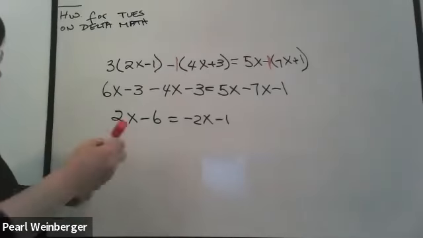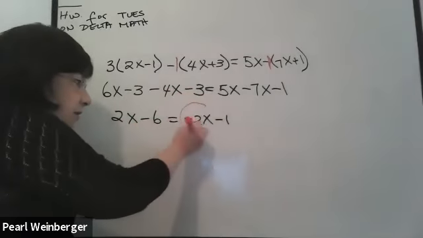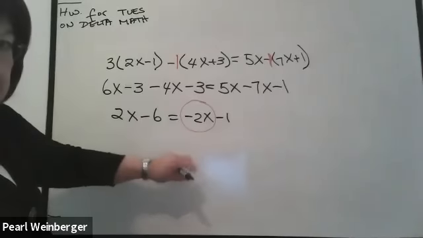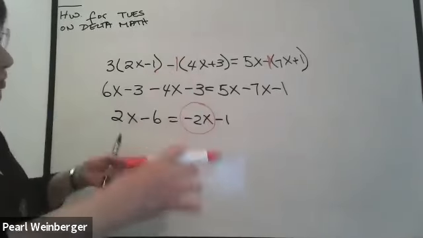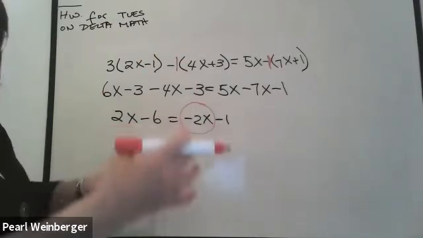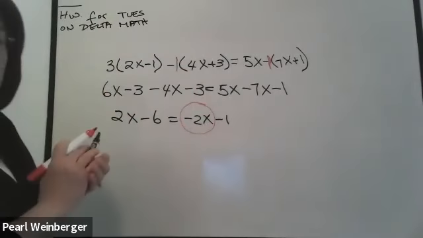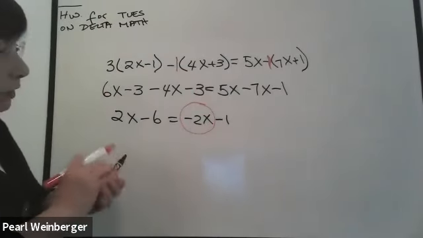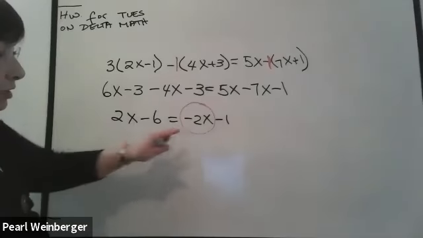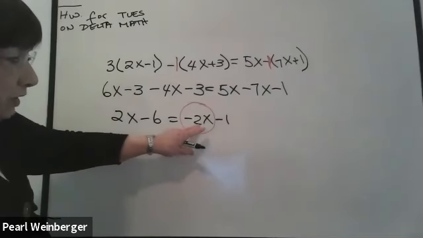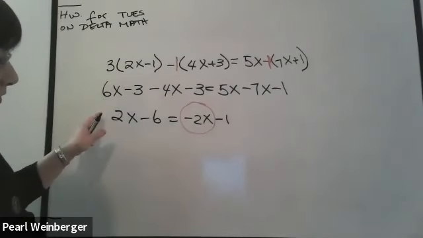Okay, so she is using the transposing method, which means instead of adding or subtracting the same thing from both sides, she's moving things from one side to the other. That's a perfectly legitimate way of doing things. And she said the first thing she wants to move is this negative 2x. She wants to move it to this side.